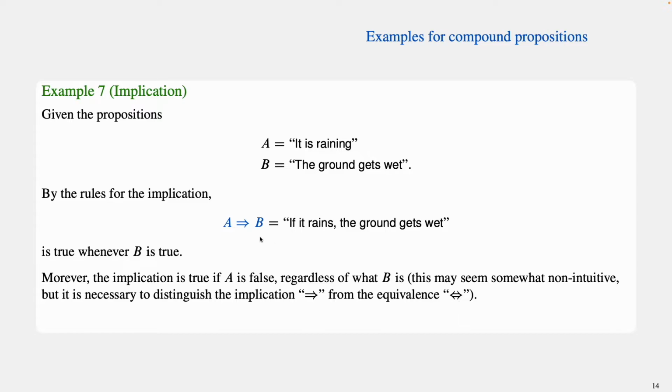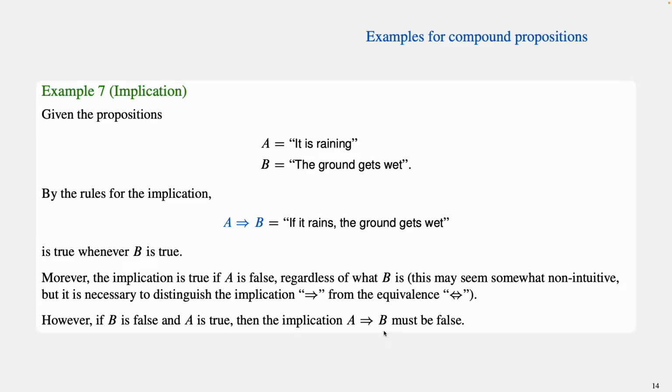And as I said before with the truth table, if you consider what this implication means and if A is false, then we actually do not make any claim at all on how A and B are related. So we cannot say that A implies B is false then, so it has to be true. But if B is false and A is true, then the implication A implies B must be false.